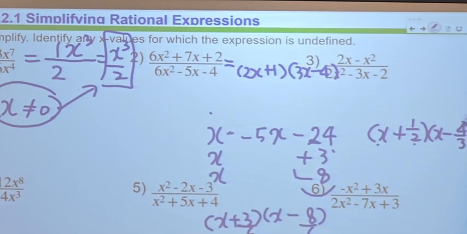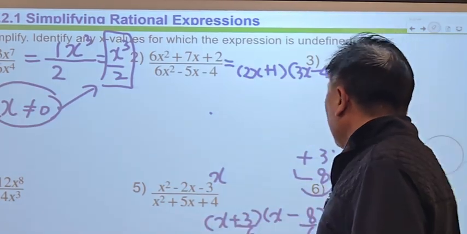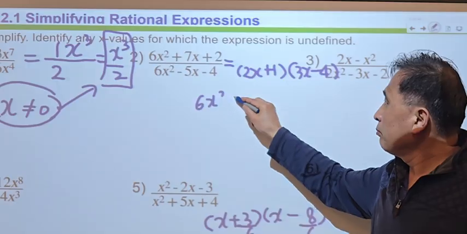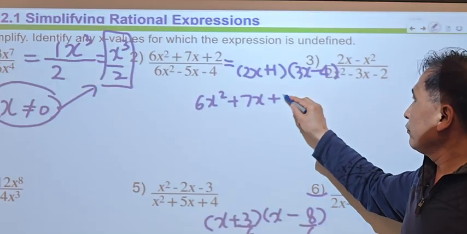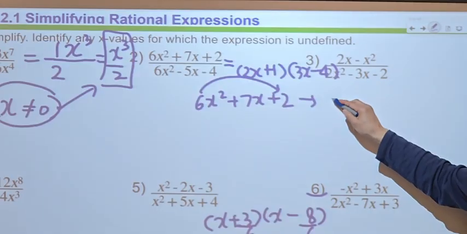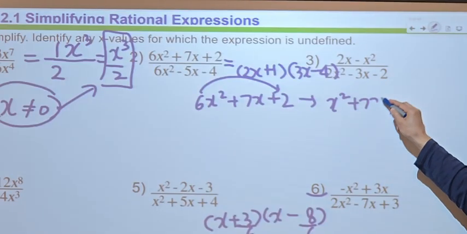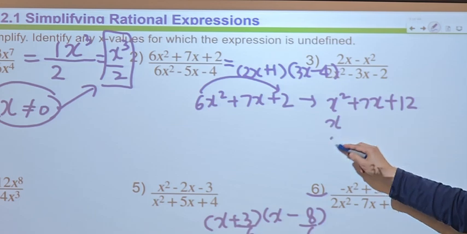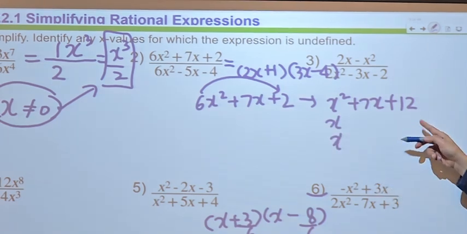And the numerator, same thing. Let's do one more. Just one more. Then 6x squared plus 7x plus 2. First step, multiply the 6 and the 2. So x squared plus 7x plus 12, right? Factors of 12 are 1 and 12, 2 and 6.